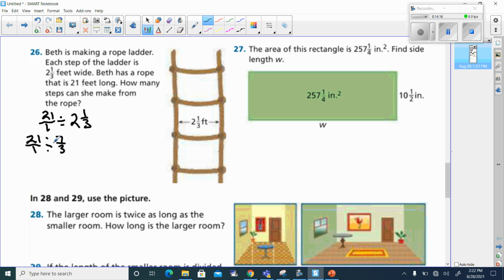Now I have to go ahead and keep change flip. So we're going to turn this to 21 over 1 multiplied by 3 over 7. Excuse me, I forgot to change.